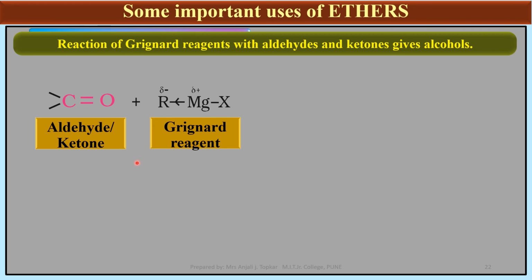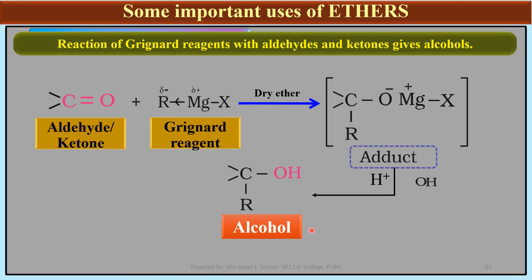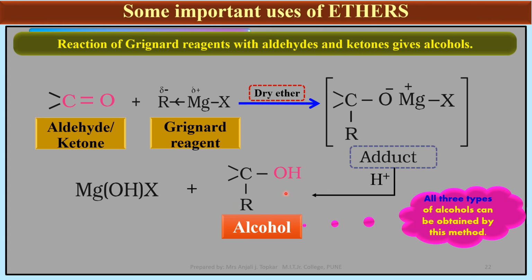Aldehydes or ketones, that is carbonyl compounds, when treated with Grignard reagent in the presence of dry ether give the adduct, that is magnesium complex, which on acid hydrolysis forms alcohols, and MgXOH is the byproduct. All the three types of alcohols can be obtained by this method.